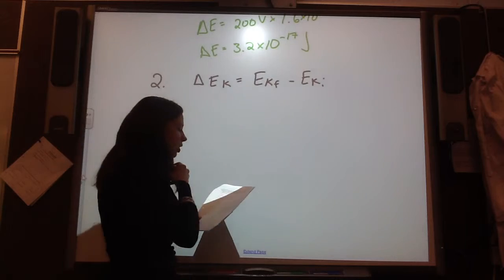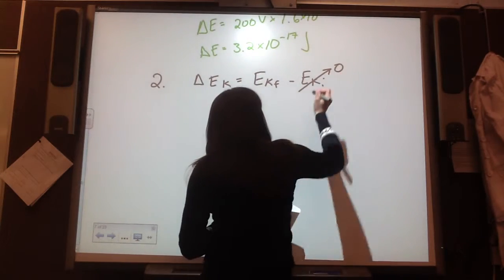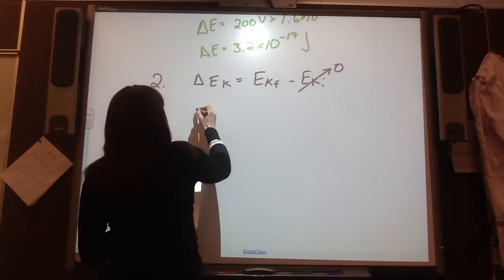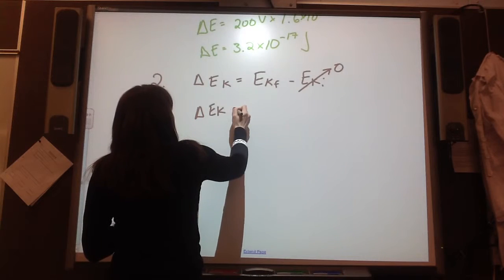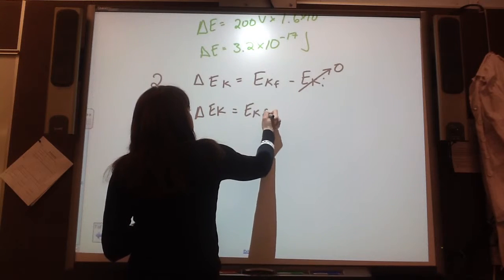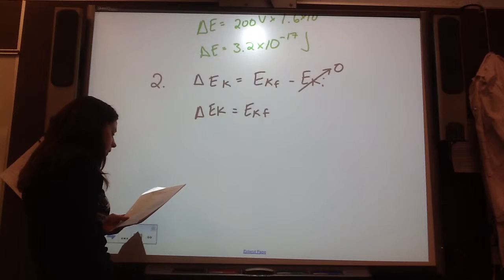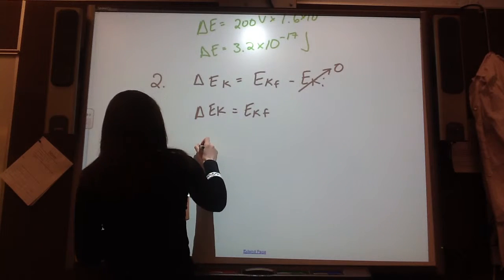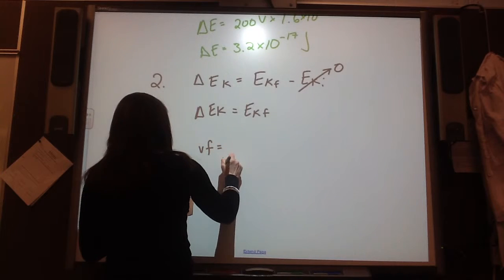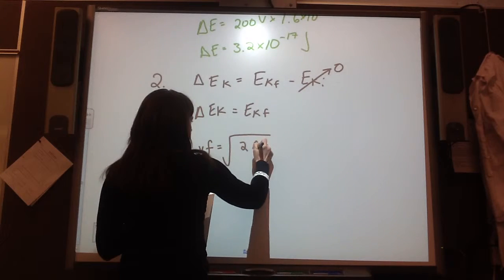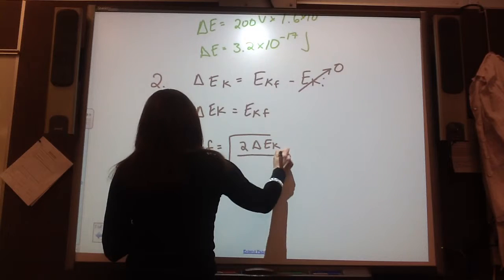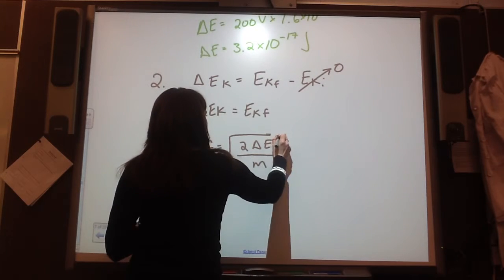Since this starts from rest, EK initial is 0, so my delta EK equals EKF. I'm solving for Vf, so Vf is equal to the square root of 2 delta EK over m.